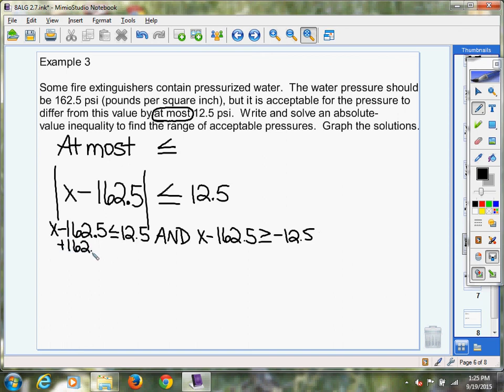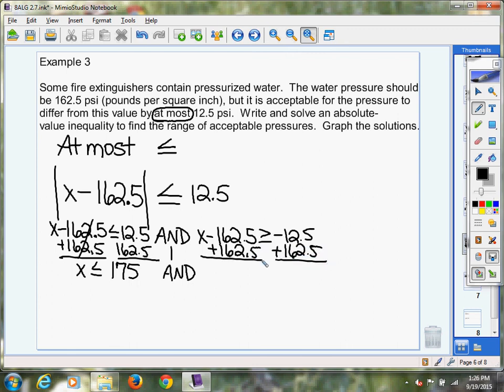So we're going to add 162.5 to each side. This might be a good time to whip out your calculators if you don't already have those with you. 162.5 plus 12.5, and you have 175, and I'm going to do it again, add 162.5 to each side, and we're going to do negative 12.5 plus 162.5.